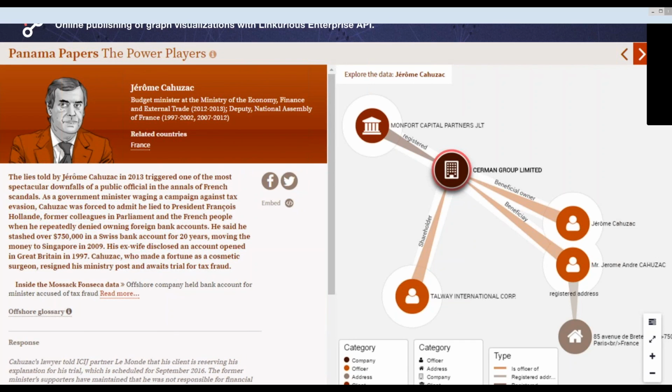So this data is now available via the Linkurious Enterprise API online. It's also something that all customers use to integrate the Linkurious technology into existing applications.